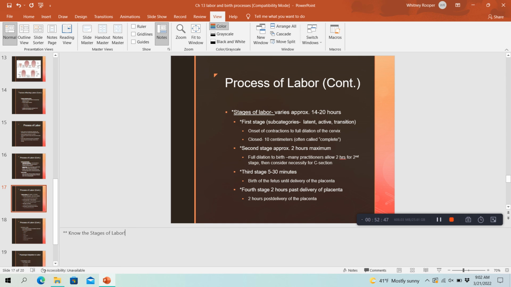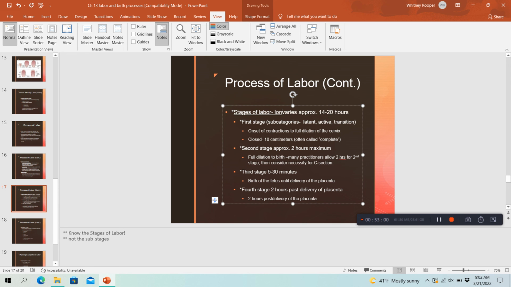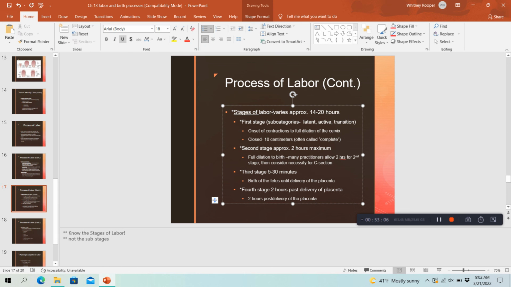The first stage is the longest by far because it's from the beginning of labor to 10 centimeters dilation. That could be anywhere from a few hours to 20 hours. How many of you have heard somebody say, I was in labor 69 hours? Probably not.